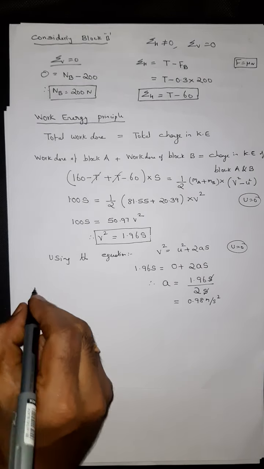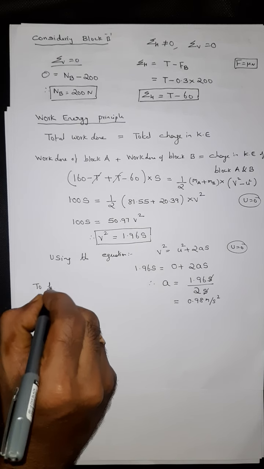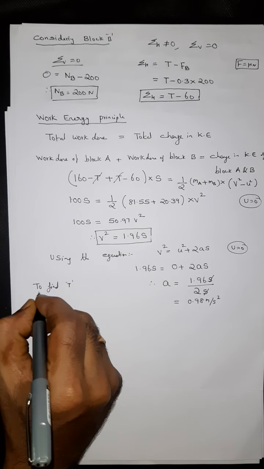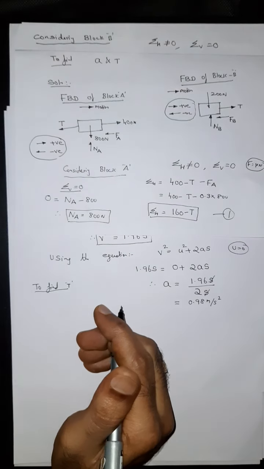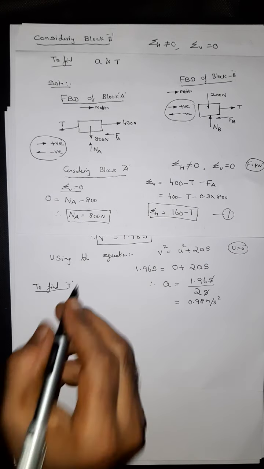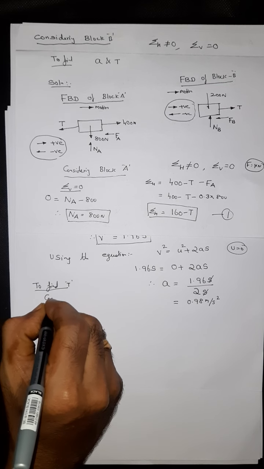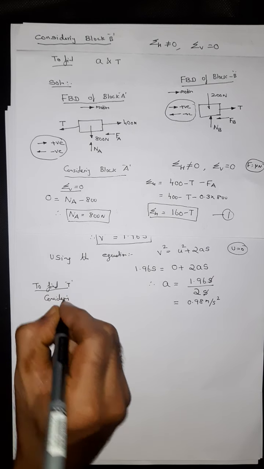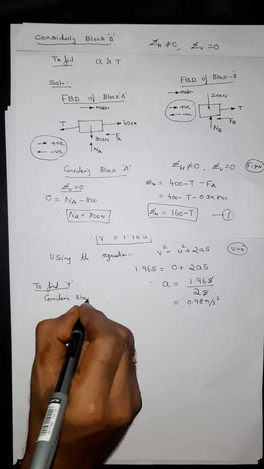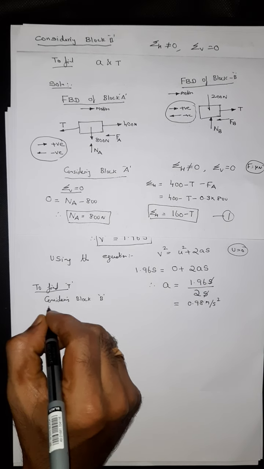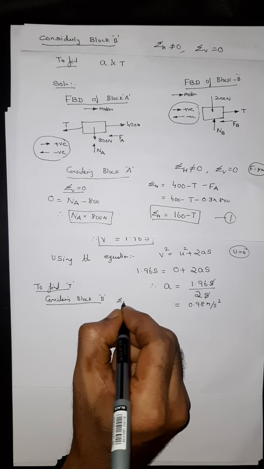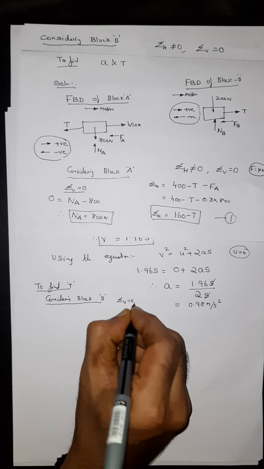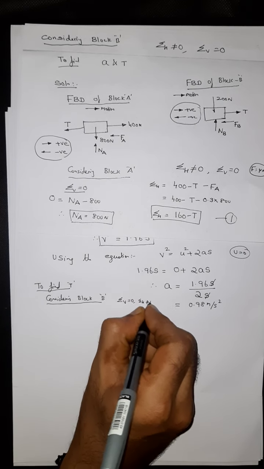Then to find the tension, I'm going to consider block B. Considering block B, summation V equal to 0, summation H is not equal to 0.